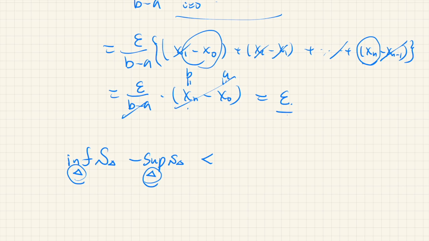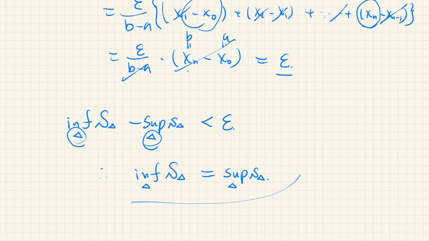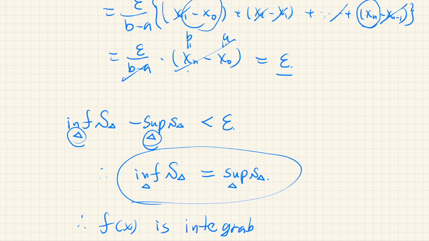So this is less than epsilon. So that means the infimum of the upper Riemann sum is equal to the supremum of the lower Riemann sum. So this equality indicates that the function f of x is integrable. And we are done.